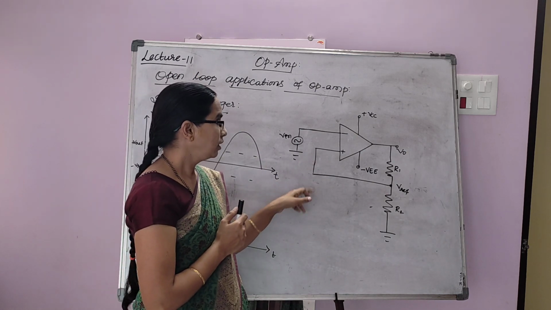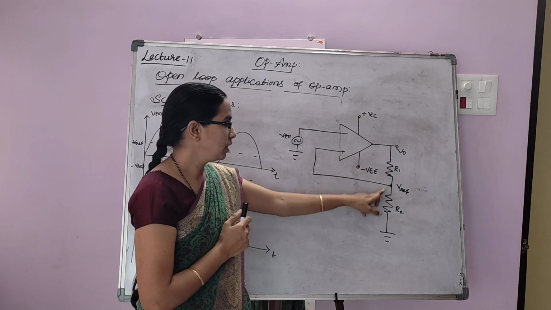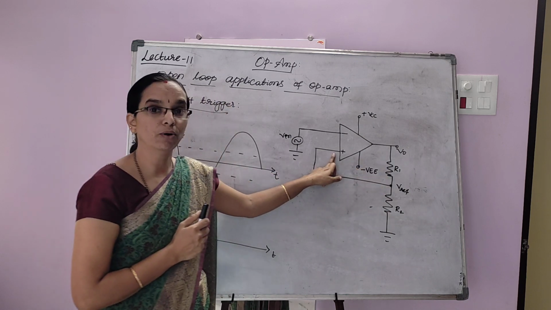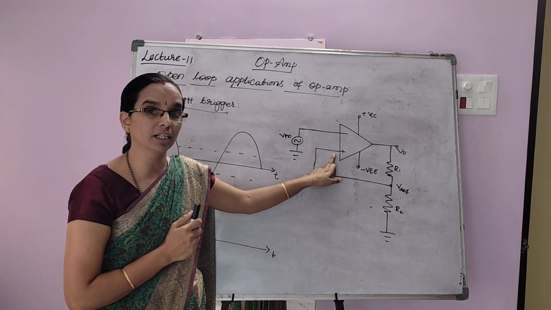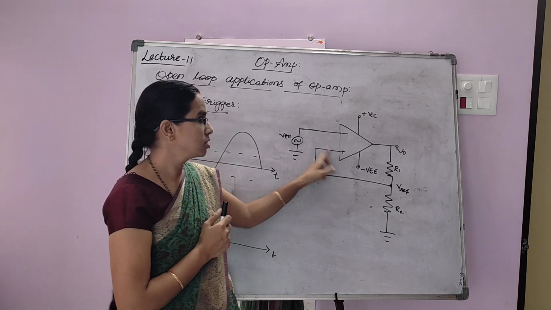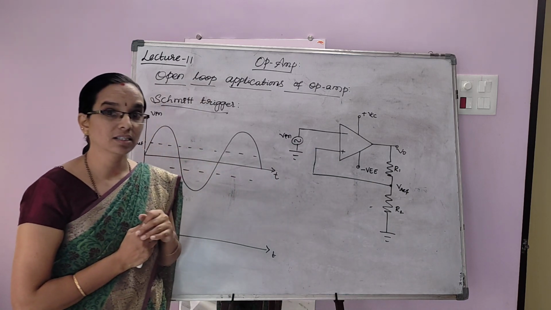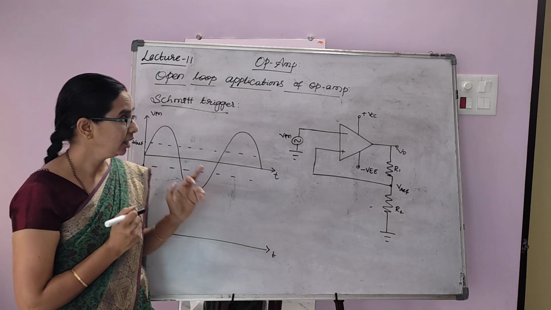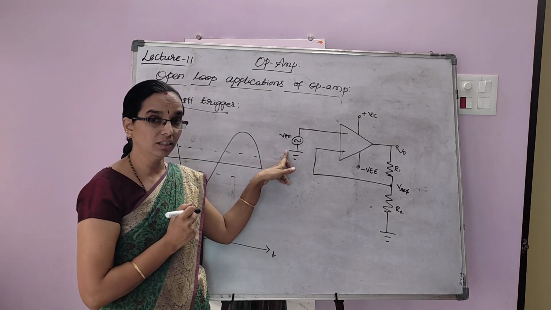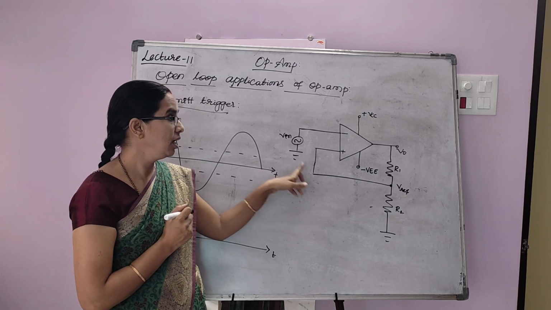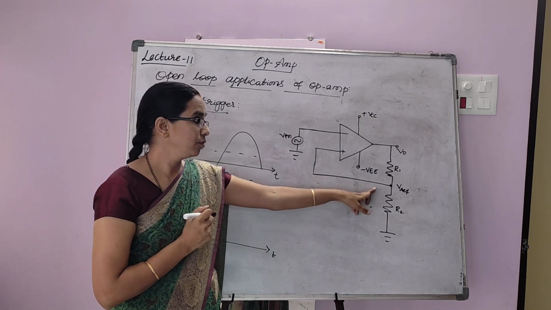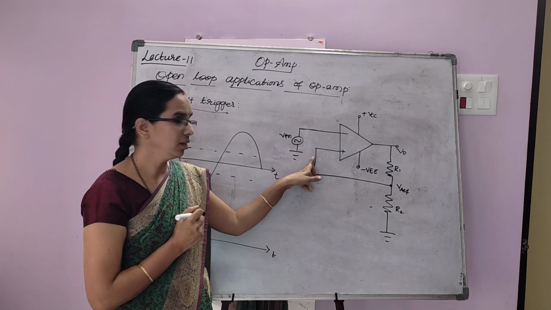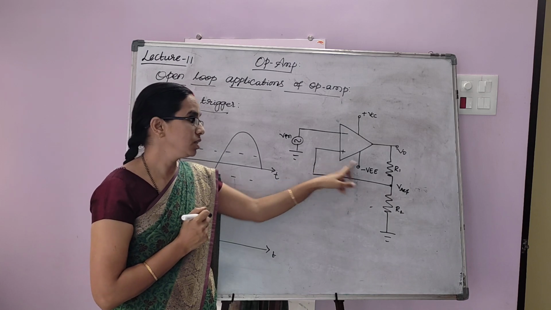That means the output voltage is given to the positive terminal, or non-inverting terminal, of the comparator. So it is called positive feedback. What happens here is the input signal is given to the inverting terminal and the feedback voltage is given to the non-inverting terminal. That is V reference.